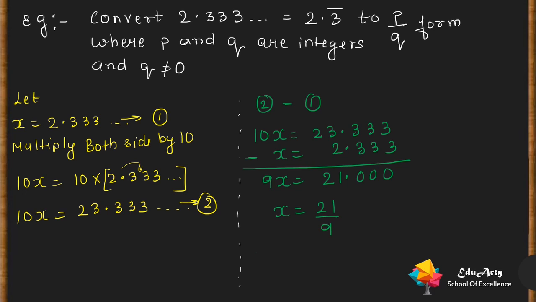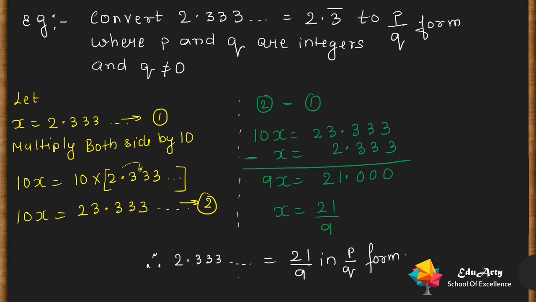Therefore we can say that 2.333 is equal to 21 by 9 in P by Q form. Correct? Right?